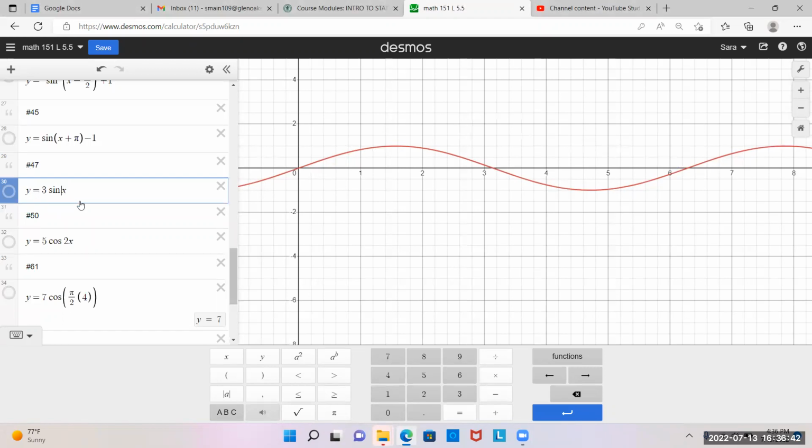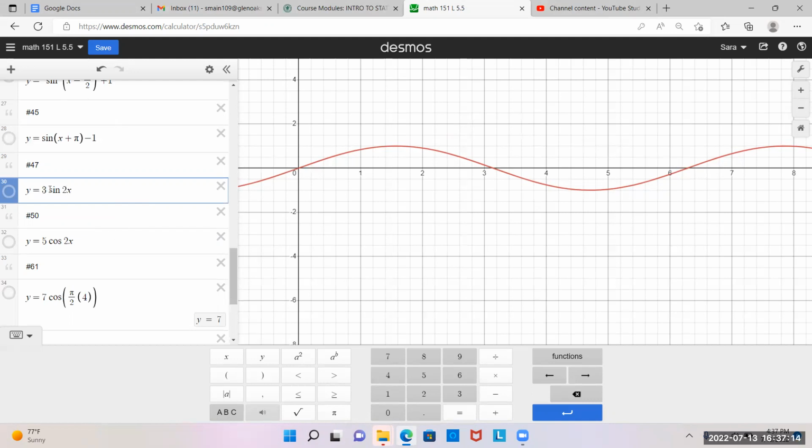And sine is at pi over 2, sine is usually 1. So it's shrunk it a little bit. So it looks like from pi over 2 to pi over 4, it has doubled the pi over 2. So it's made it 2 times as fast.